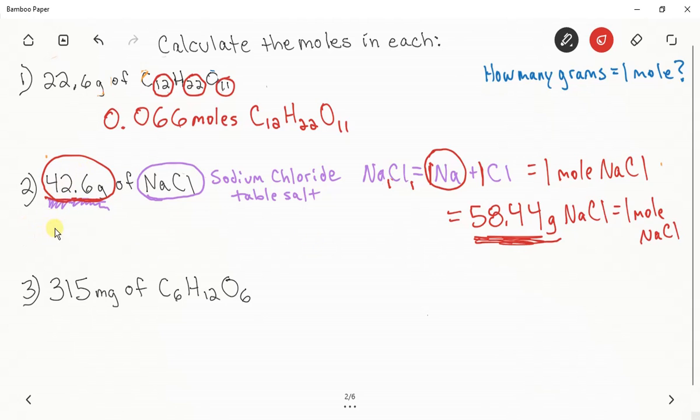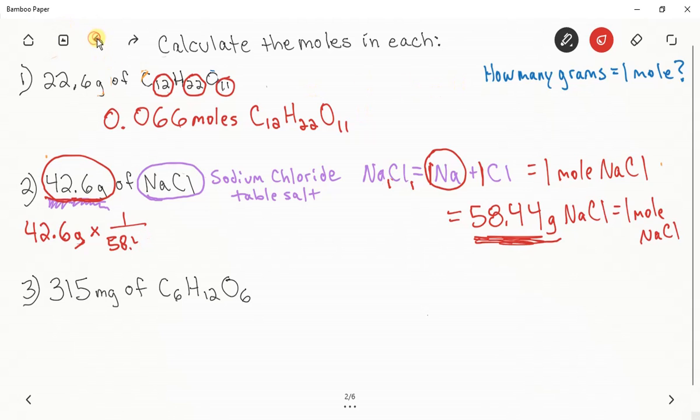So how do we find out how much of that mole we have with this 42.6 grams? Well, as I did before, I took the 42.6 grams and I've just put it over 1. Sometimes you'll see people who will just write 42.6 grams times 1 over 58.44. Well, I think that's kind of confusing.